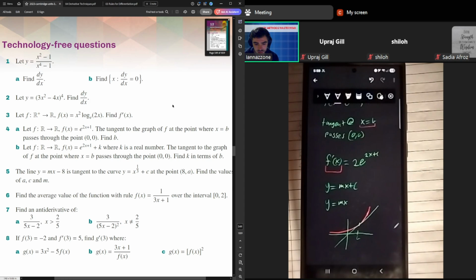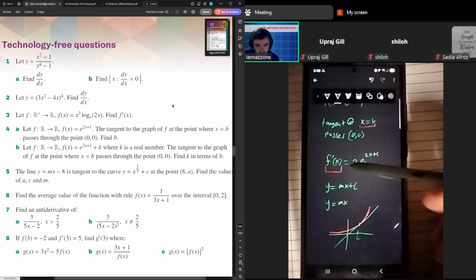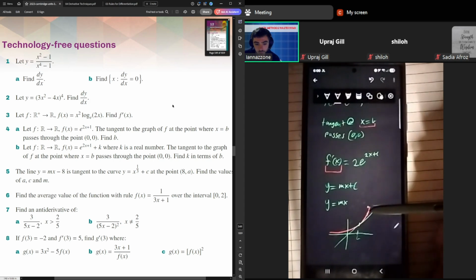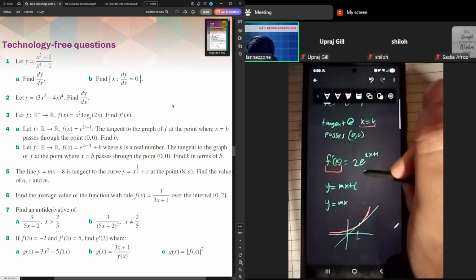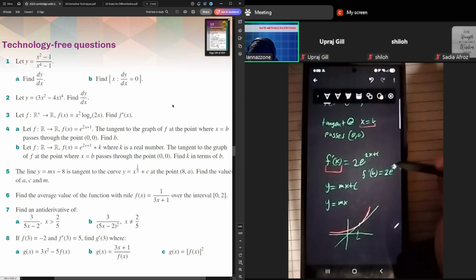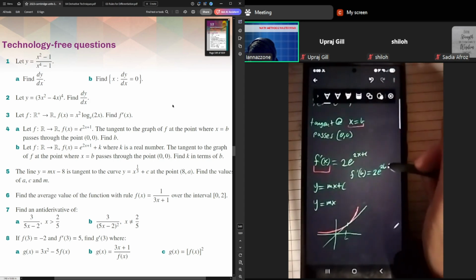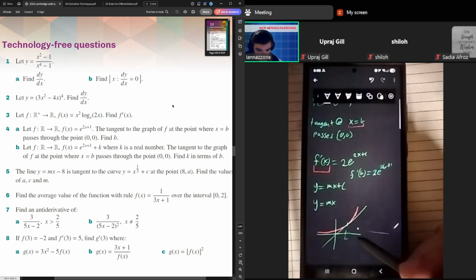So if I sub in x equals b into my derivative equation, I get the gradient at x equals b for the red line, but also for the green line. So when I do my f dash of b, it is 2e^(2b+1), that is the gradient at this spot.